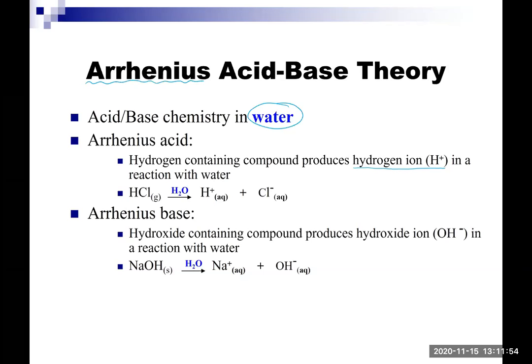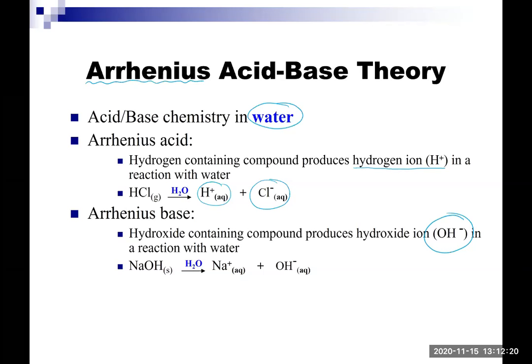And so HCl, hydrogen chloride gas, for example, in water will react to release H+, hydrogen ion, and chloride ion. An Arrhenius base is derived from a hydroxide containing compound that releases OH- or hydroxide into water.